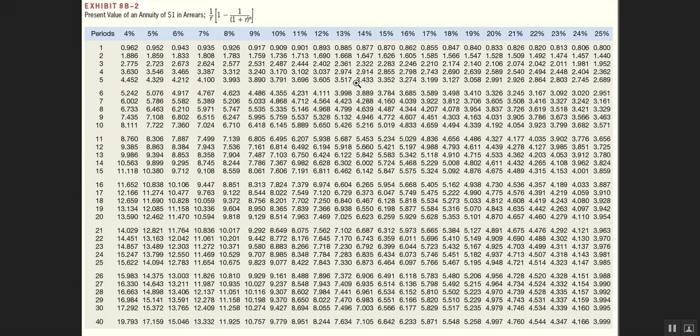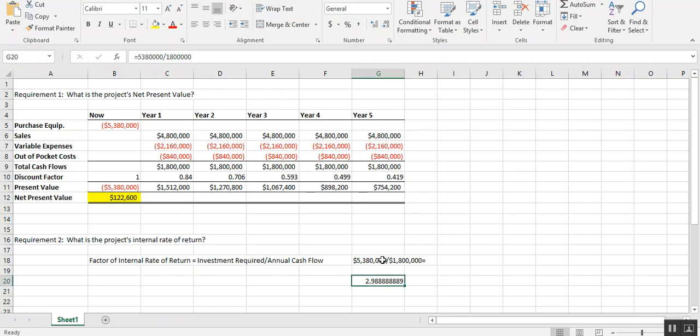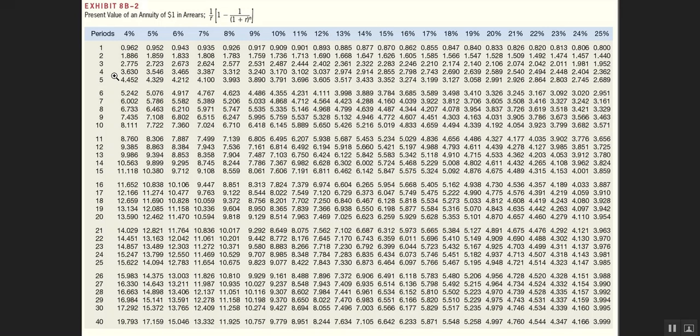I'm not sure what yours is. It may be labeled the same. But we're going to use this chart. This is the present value of an annuity of $1 in arrears to calculate the internal rate of return. And we can do that because all of those cash flows were the same when we calculated this. We used that same amount every year for 5 years. So for our internal rate of return, we're going to use this chart.